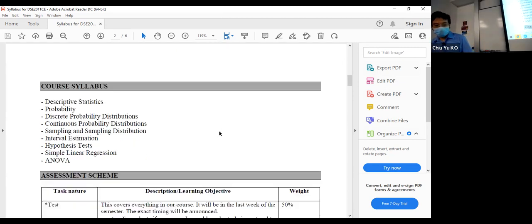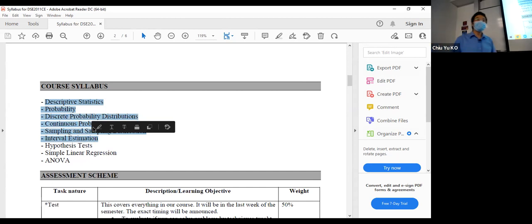It looks like a lot to cover, but later you will see that at least half of it has been covered in your high school. If you studied high school here in Hong Kong, you probably covered at least up to interval estimates if you did M1.